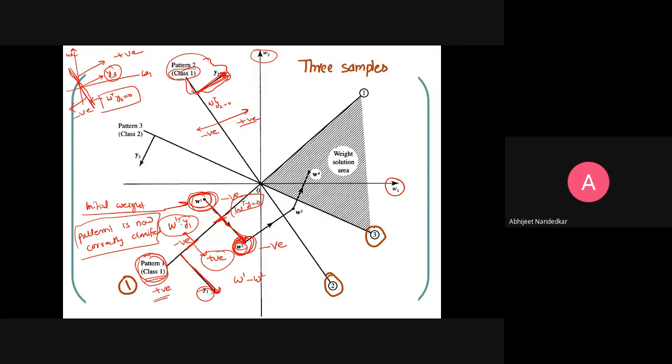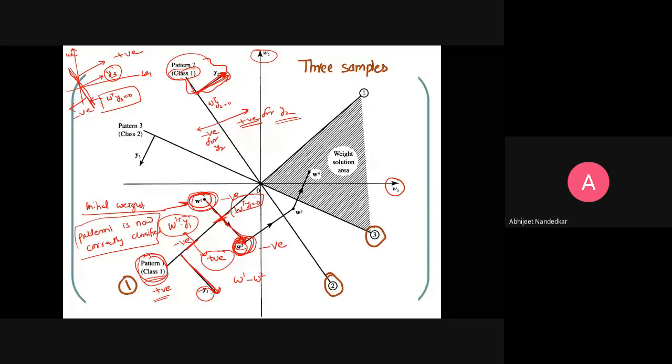I am saying that this is the positive zone for pattern y2 and this is negative zone for pattern y2. What you want, since it is class 1 sample, you want that weight should be in the positive zone. But where is weight? Weight is here, which is in the negative zone of this decision boundary.